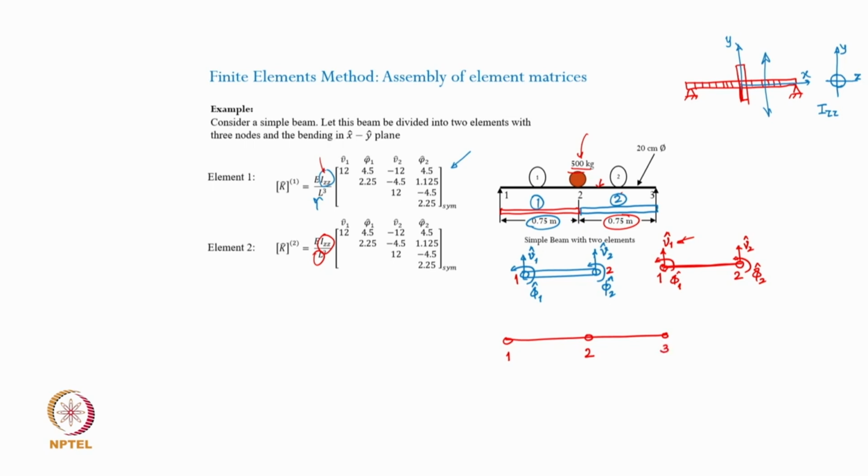This being a 2 element discretization, the node numbers will start from 1 and the third node is going to be the last one.